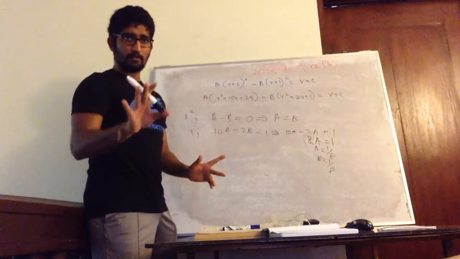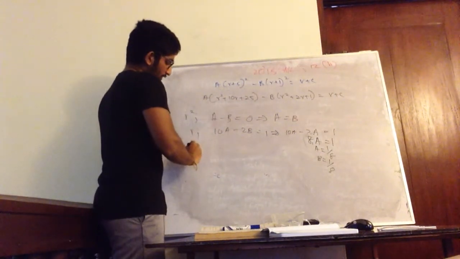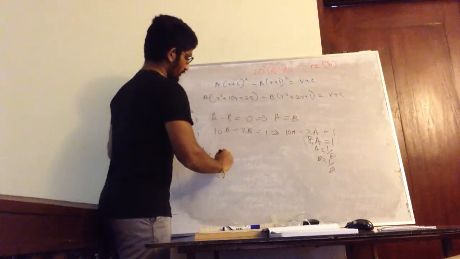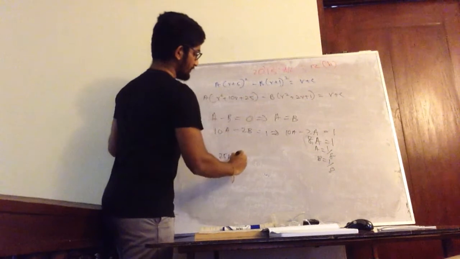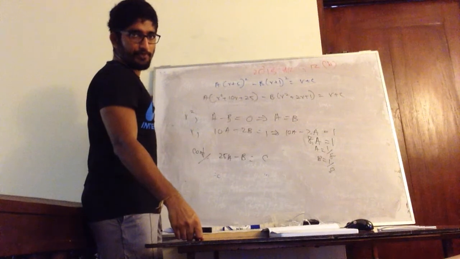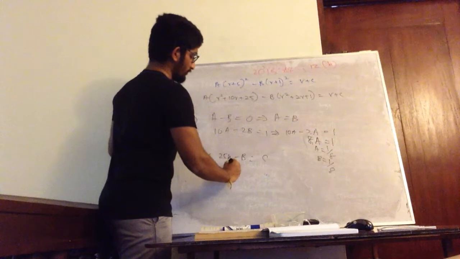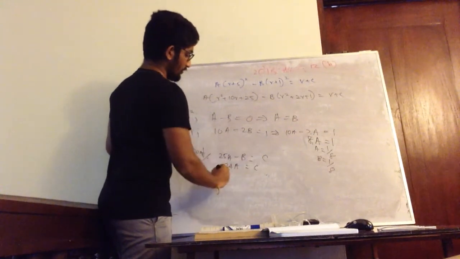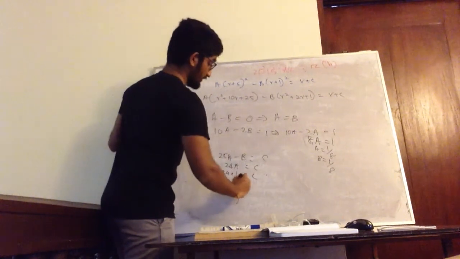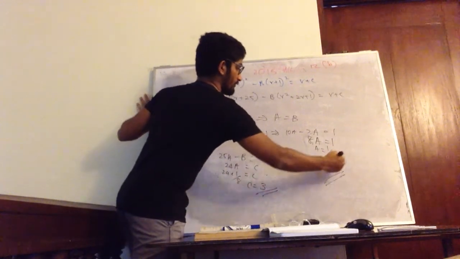Then we have to select C. So I am going to take the constant: 25A minus B equals C. That means 25A minus A, which is 24A, is going to be C. 24 times A, which is 1 over 8, gives C equals 3.